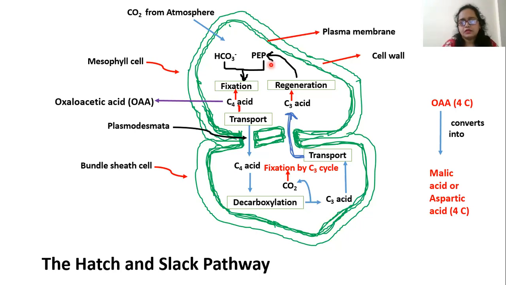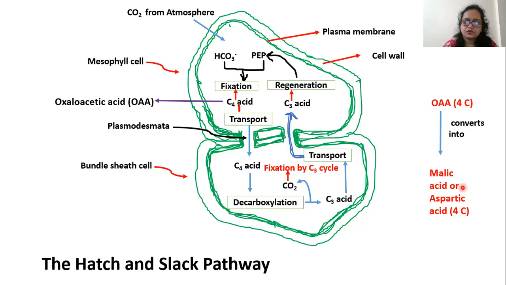This PEP combines with HCO3 minus in the presence of the PEP carboxylase enzyme, or phosphoenol pyruvate carboxylase, and fixes carbon dioxide into a C4 acid. This C4 acid is oxaloacetic acid. At this point, this OAA either stays as such, or it may get converted into malic acid or aspartic acid.